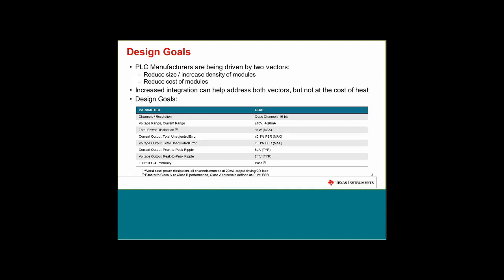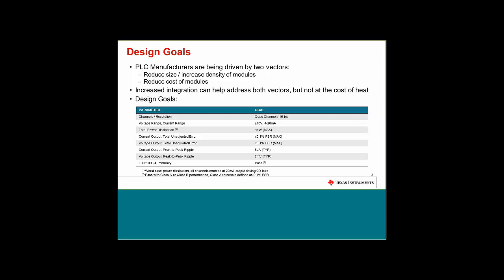So basically, what we're talking about today is a combination of an individual product from Texas Instruments along with surrounding and supporting circuitry to construct a PLC analog output module.